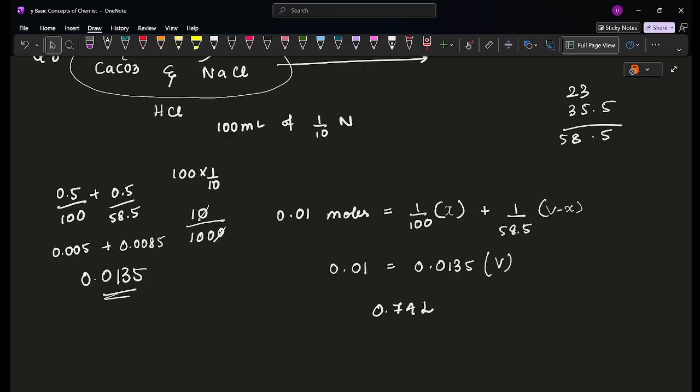So we got the 0.01 moles. Okay, the n-factor of CaCO3 is 2. I've forgotten about that.